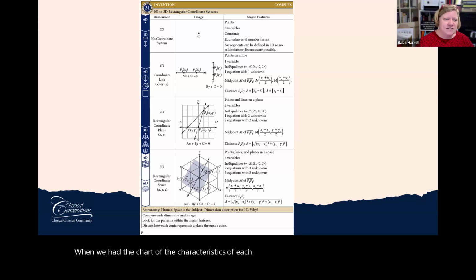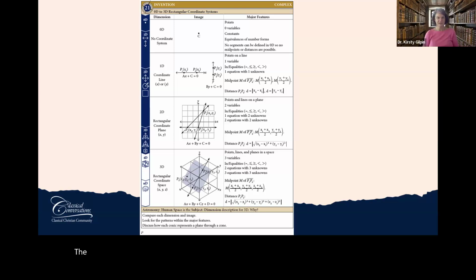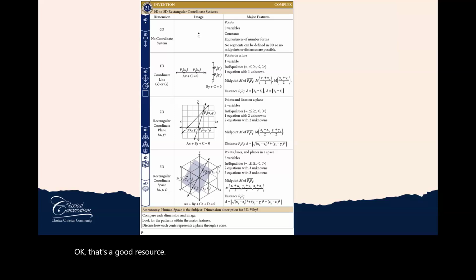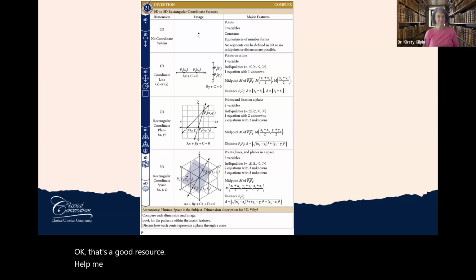So could the definition be some of those characteristics, or the headings of the characteristics? Okay, that's a good resource. Do the limitations of each dimension help define dimension? They may do.